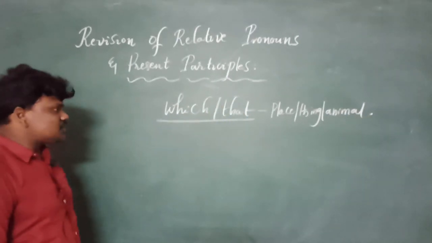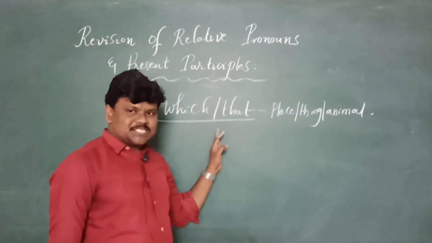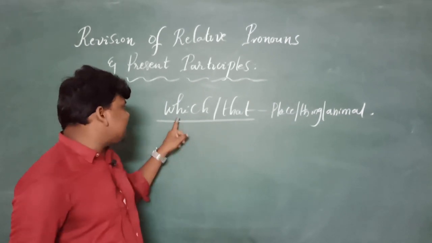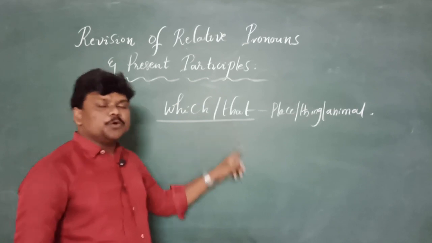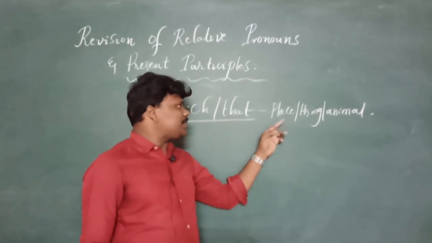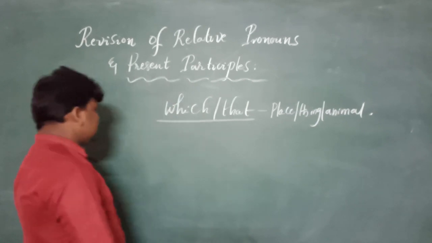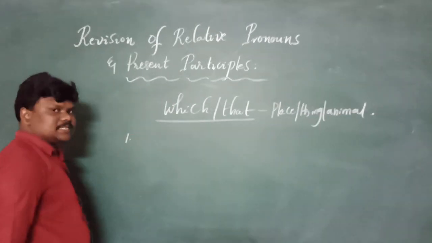If the instruction was given to combine the two sentences with either which or that, you should remember immediately: places, things, animals. Well, let's have a look at this example.